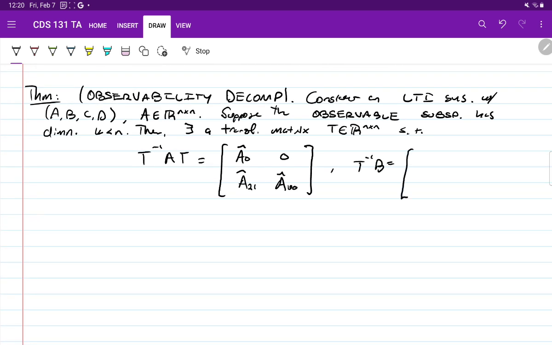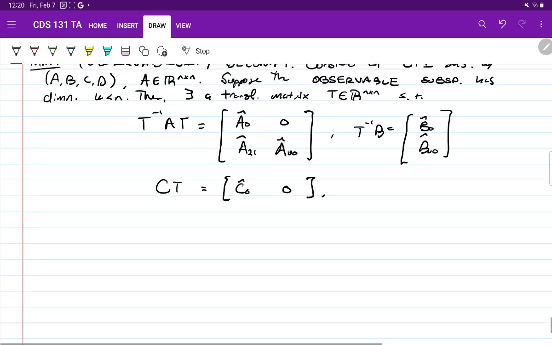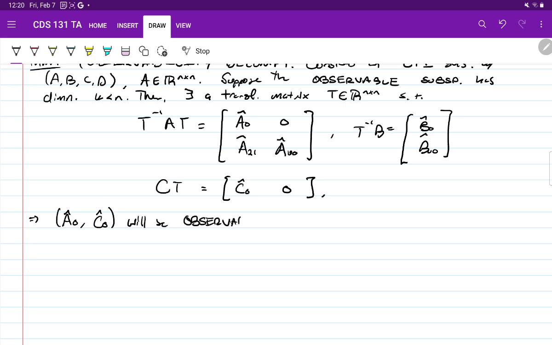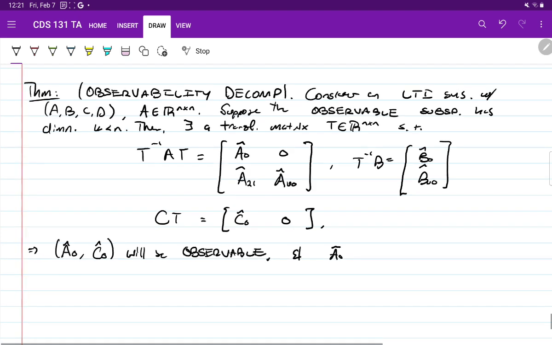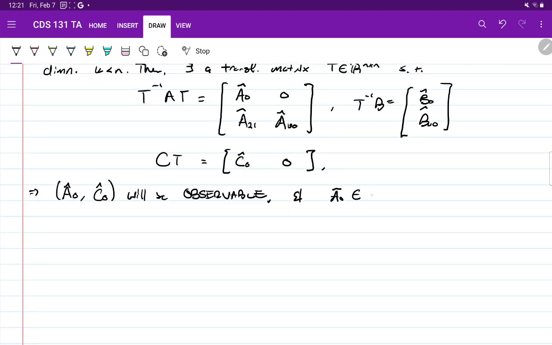T inverse B will equal B observable hat, B unobservable hat, and finally C times T will equal C observable hat and 0, okay? Now further, the pair A observable hat, C observable hat will be observable, and the size of A observable hat matches the dimension of our observable space, okay? So A observable hat belongs to Rk by k.